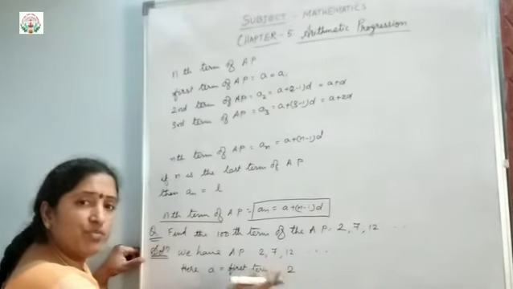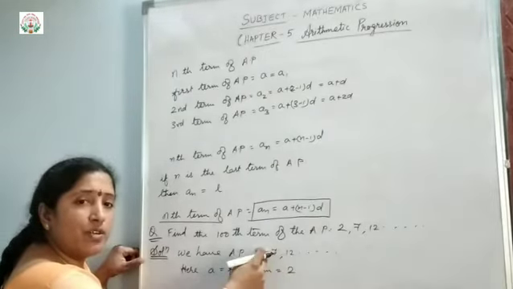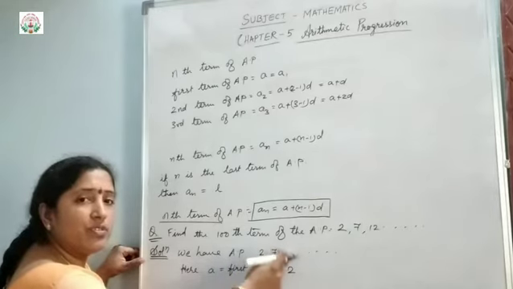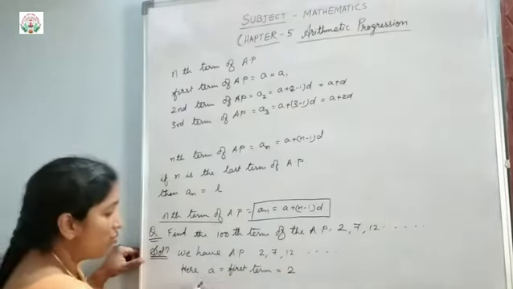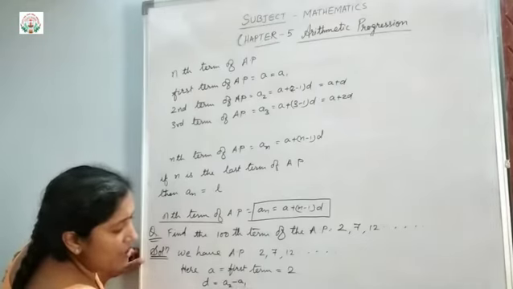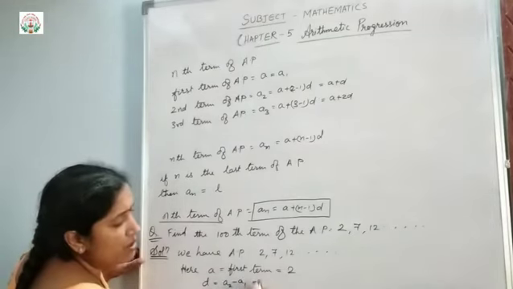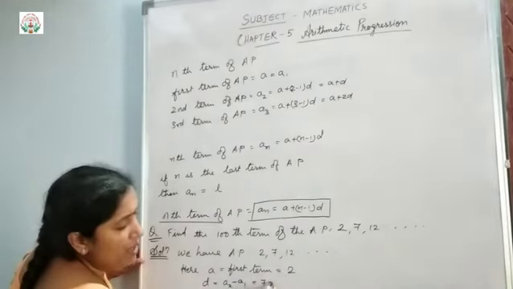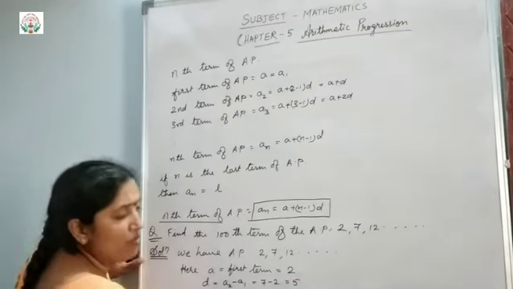The common difference D will be the same from the first to the second term, second to the third term and so on. So D equals A2 minus A1, that is 7 minus 2, because the A2 term is 7 and A1 is 2. So D equals 5.